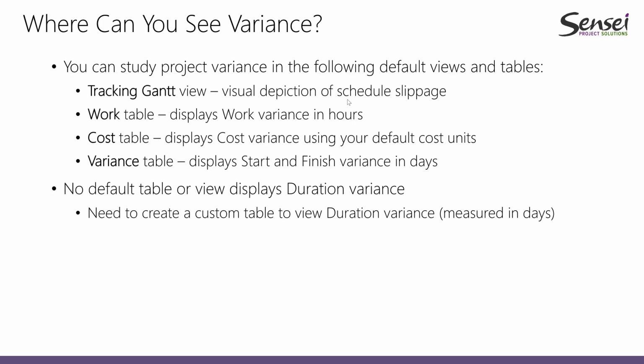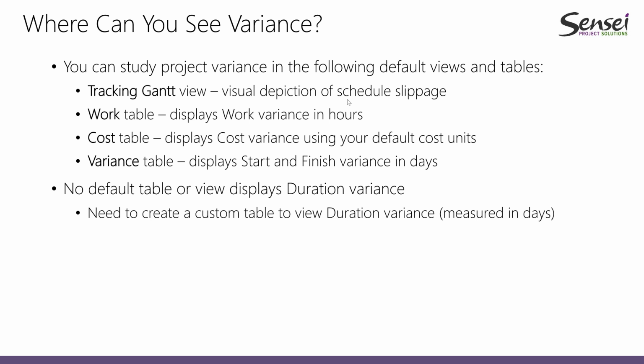And one important point that I would like you to be aware of is that Microsoft Project doesn't have a default visualization for duration variance. So if I would like to see the duration variance, I need to create a custom table or a custom view to see that information.